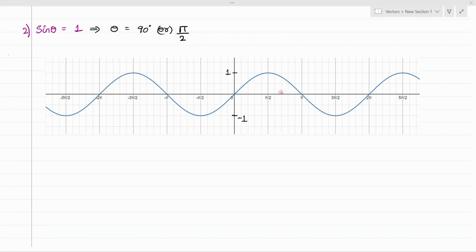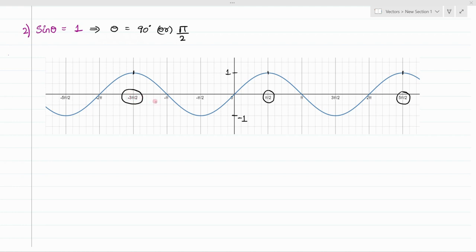This is the graph of sine x or sine theta. Here you can see when the value is 1, what are the values of theta? At pi by 2, the value is 1. Similarly, again at 5 pi by 2, the value is 1. We are talking only about 1, not minus 1. And in the negative direction, the value is 1 at minus 3 pi by 2.